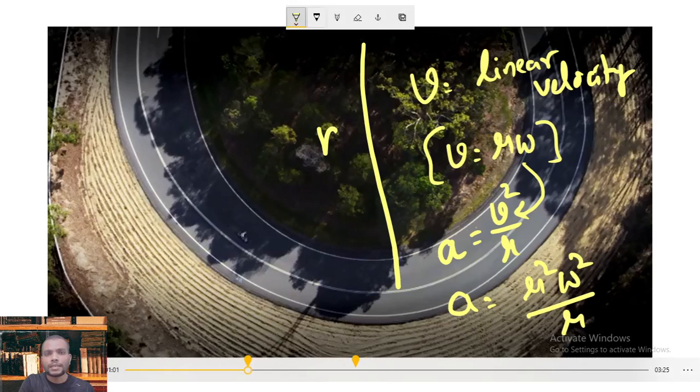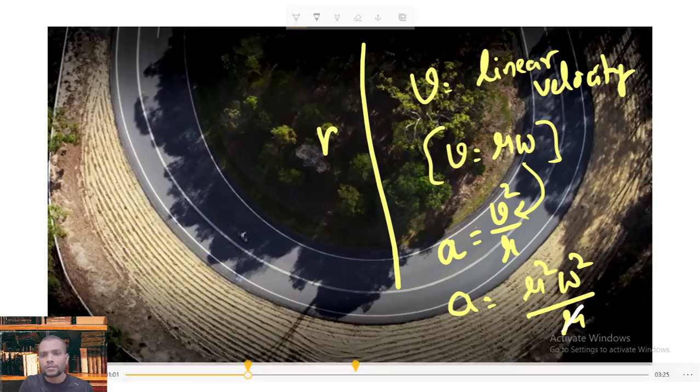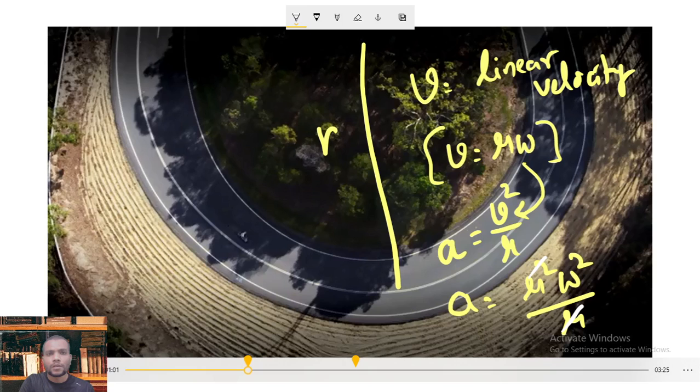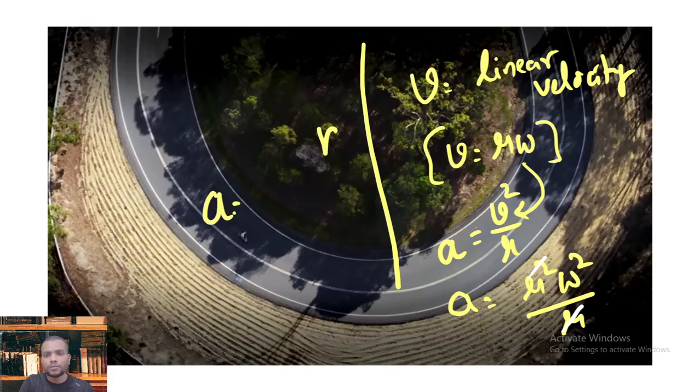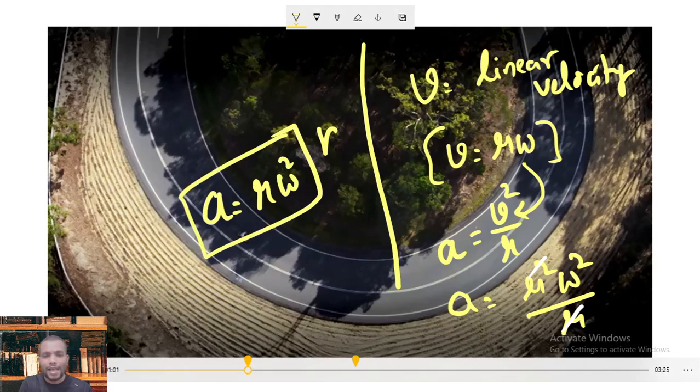So if you cancel r, the final expression for the centripetal acceleration is a equal to r omega square. So this is the expression for centripetal acceleration.